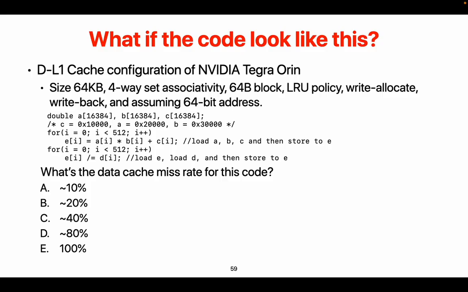What are the two things that you need to calculate the cache miss rate? Total memory accesses and the number of cache misses, right? So what's the total number of memory accesses here? How many memory accesses do we have to perform?